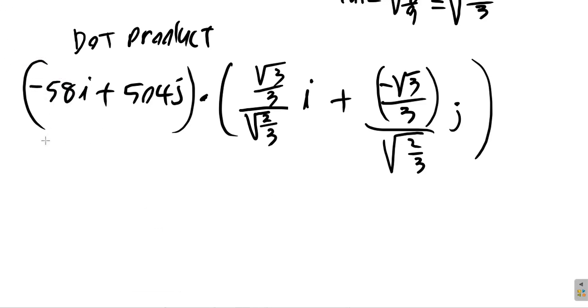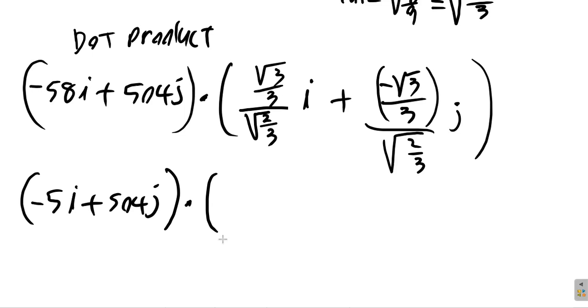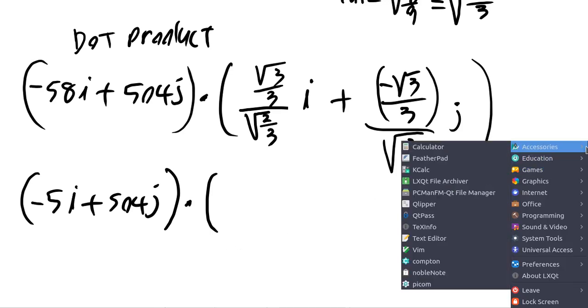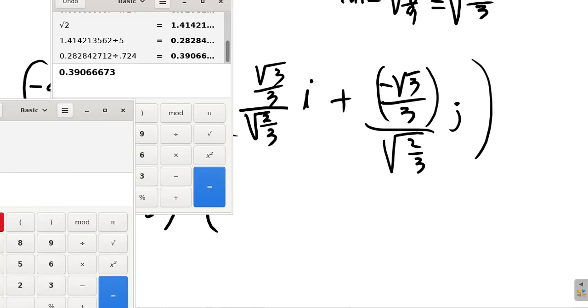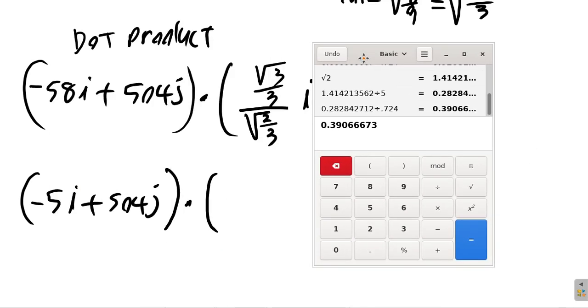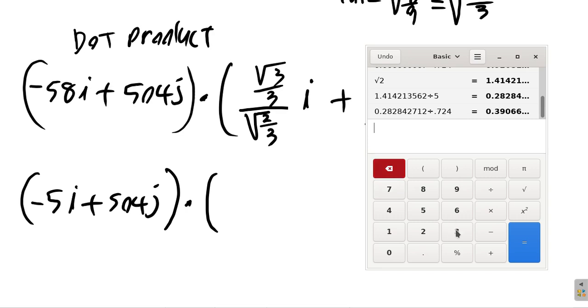But anyway, let's just work it out straightforward now. You have negative 58i plus 504j, dot. Let's just work it out as decimals. Alright, so what we have here now: square root of 3 divided by 3 equals that.